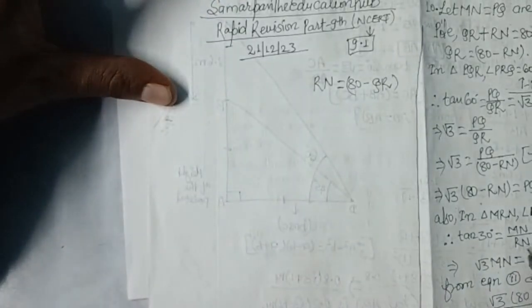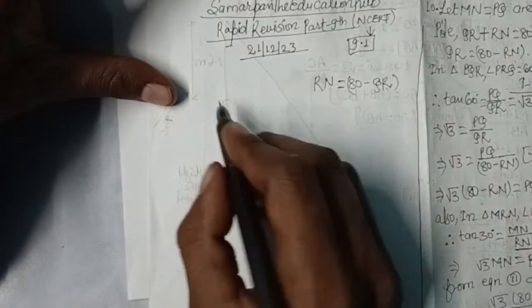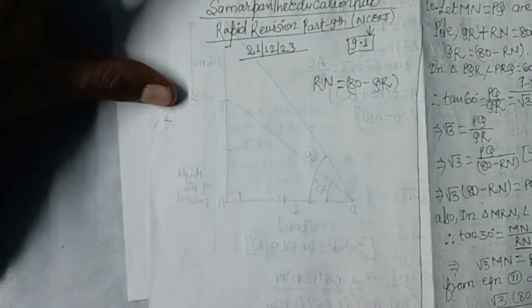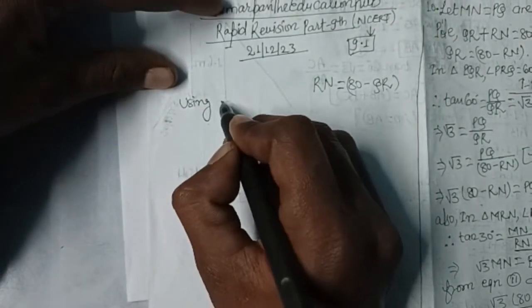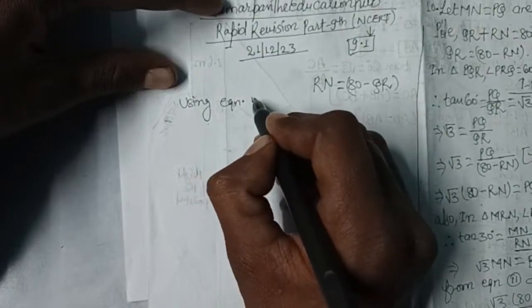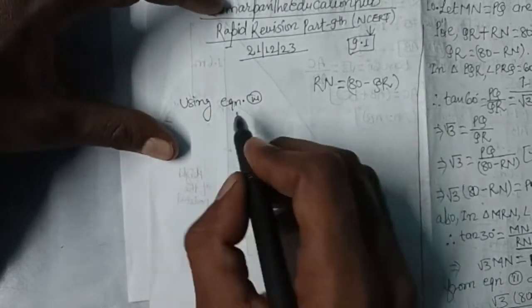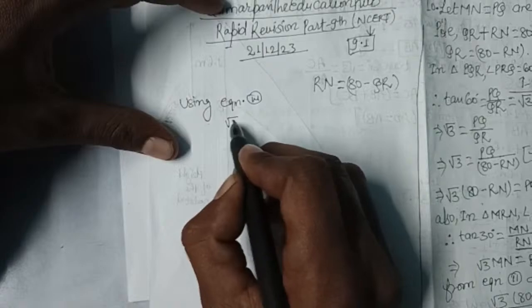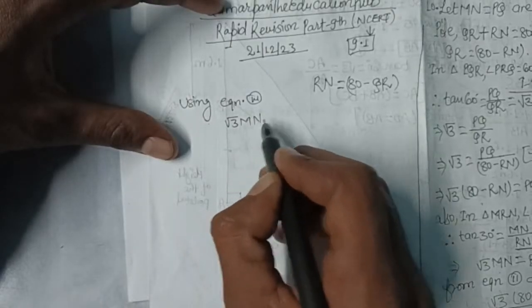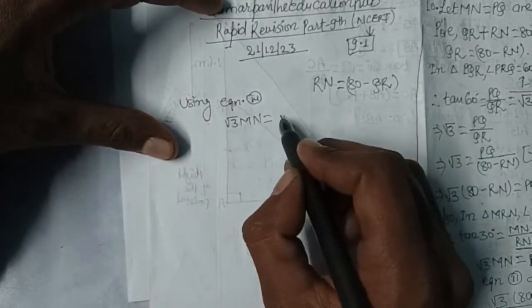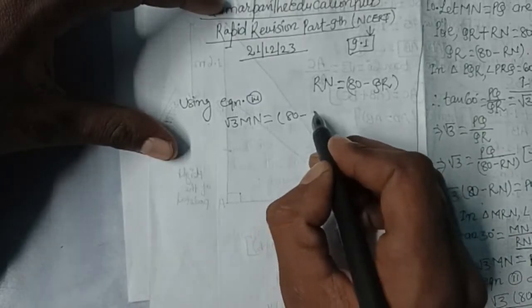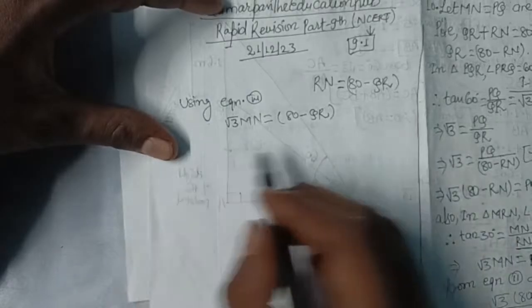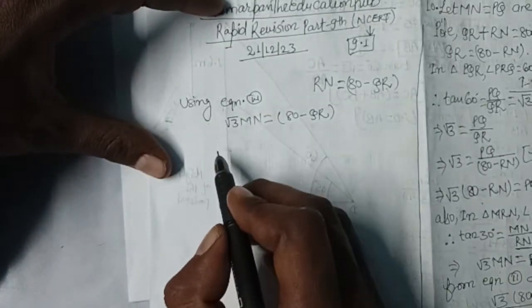Here if we put the value of Rn, using equation third, we have √3 Mn equals to Rn. What is the value of Rn that we have? The value of Rn is 80 minus QR, okay.